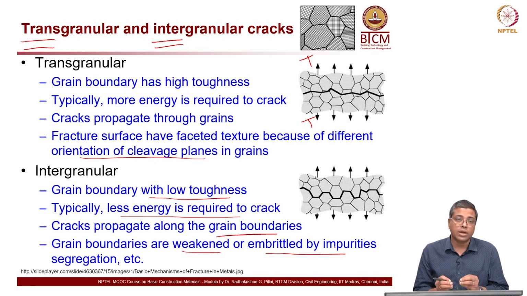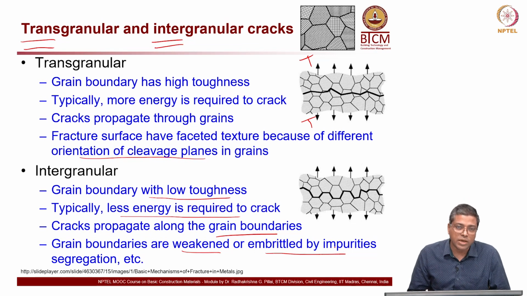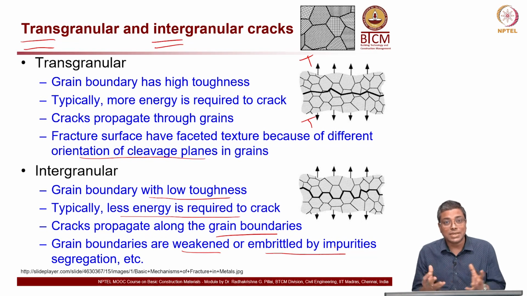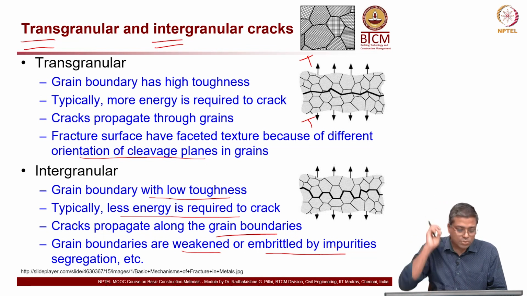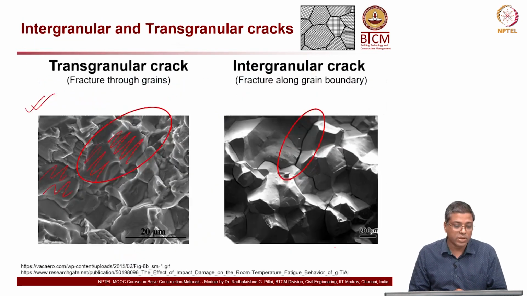Or there may be a case where some grain boundaries are weaker than other grain boundaries because of some deterioration mechanisms. Corrosion is one such mechanism, which happens when the material is under stress. There is something called stress corrosion cracking, which generally happens along the grain boundary. So different mechanisms of deterioration are there, but for now you just need to understand where the crack happens and what the reason for that is.